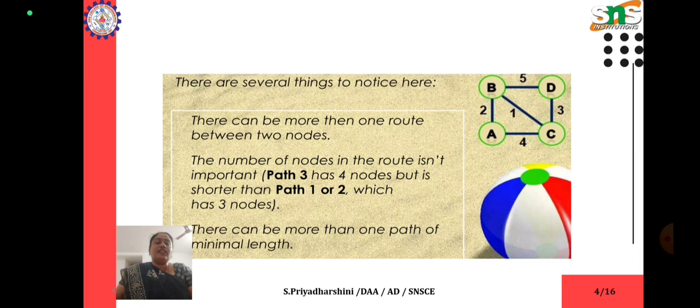There are several things to be noted here. There can be more than one route between each node. The number of nodes in the route isn't important. Path 3 has 4 nodes but it is shorter than path 1 or 2, which have 3 nodes. There can also be more than one path of the minimal length.